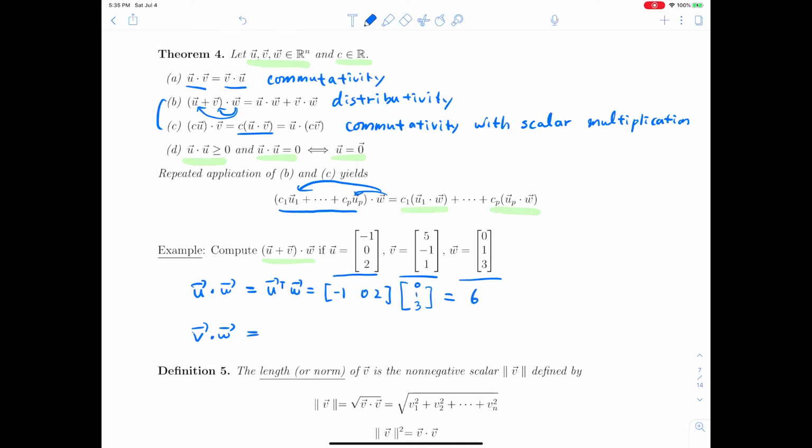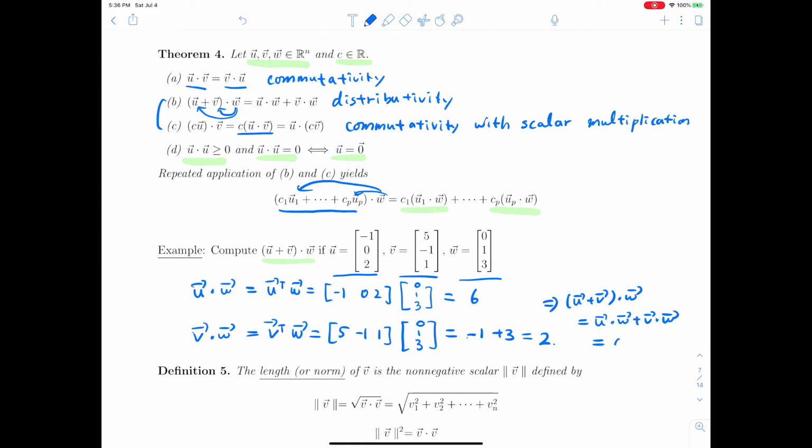Similarly, v dot w equals v transpose times w, which is (5, -1, 1) times (0, 1, 3), and that gives you -1 plus 3, which equals 2. So we can tell that (u plus v) dot w equals u dot w plus v dot w.